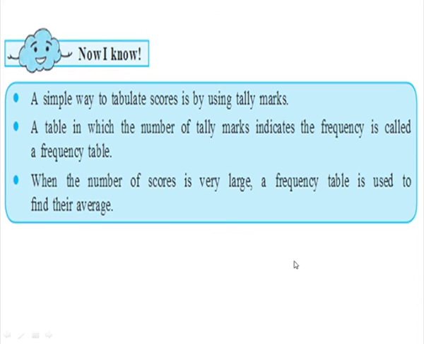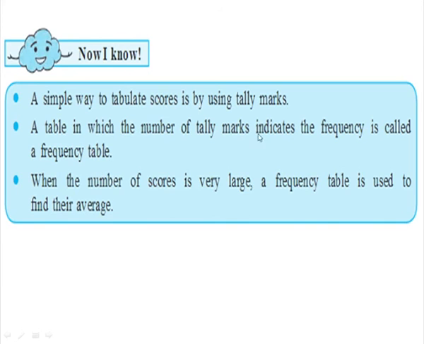So, from all the above discussion, we have seen that a simple way to tabulate scores is by using tally marks. So children, it becomes very difficult for us if we are not making the frequency table and we are just going to add the numbers. A table in which the number of tally marks indicates the frequency is called a frequency table.